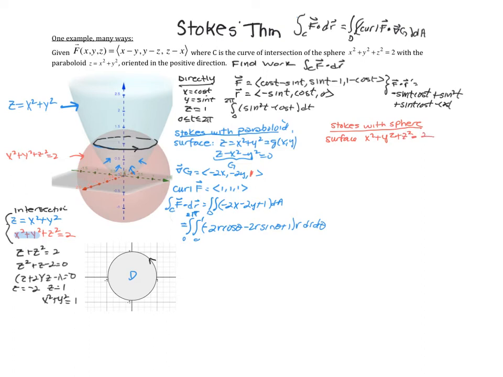The way the shortcut with g works is we first have to solve for z. We're just doing the top part, and then get everything on one side. And then this is our g. Okay?